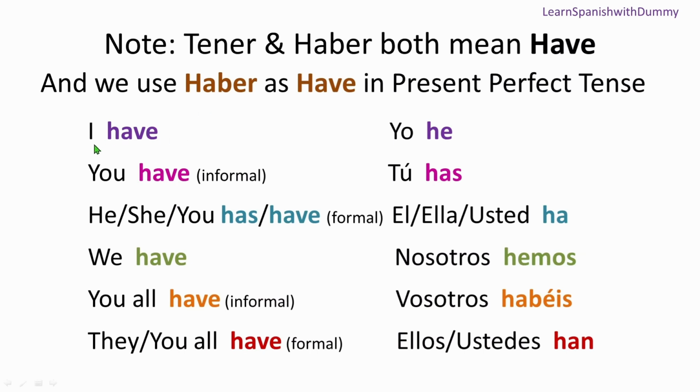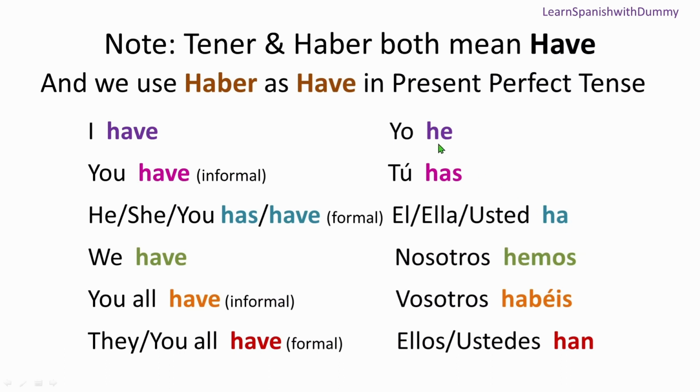So if you want to say I have, you say yo he. He means I have. You have, it's tú has. This has means you have. He, she, you, has or have is él, ella, usted, ha. For three of them, it's the same conjugation, it's ha.